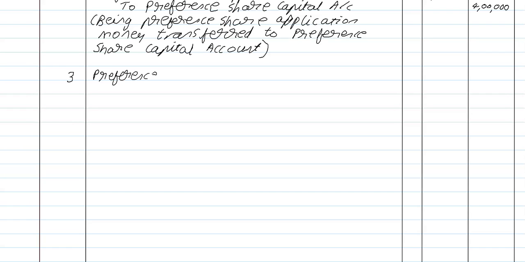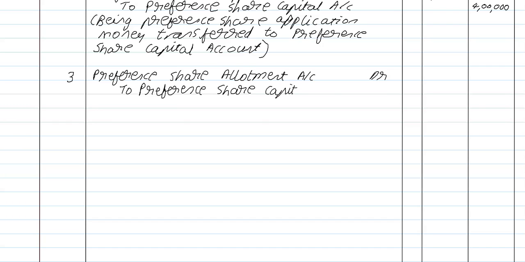Preference share allotment account debit to preference share capital account, being allotment money due.